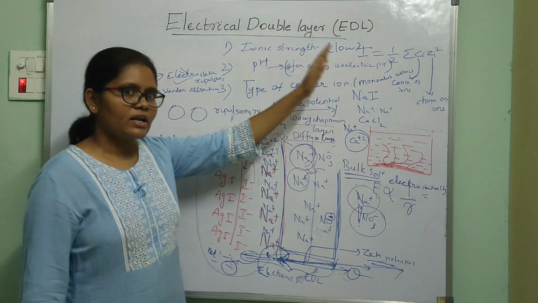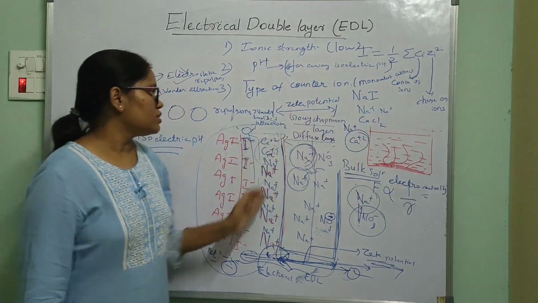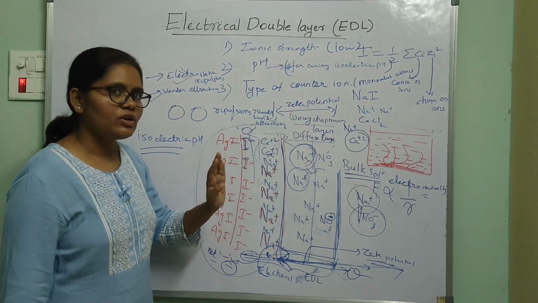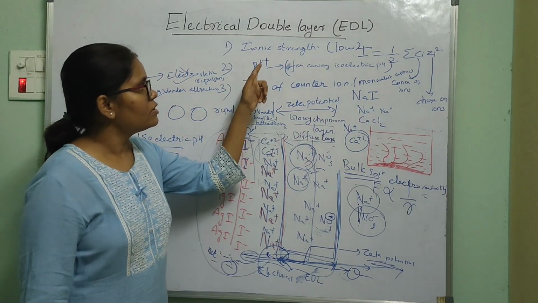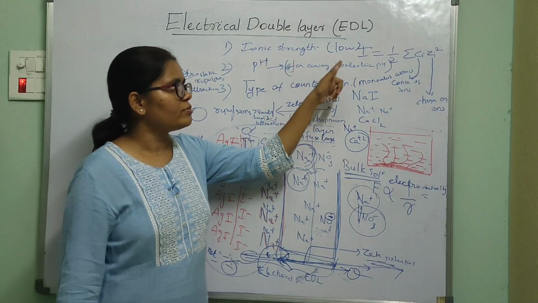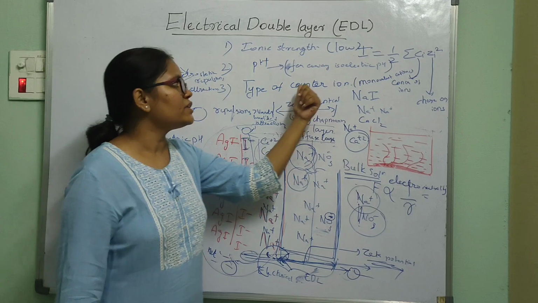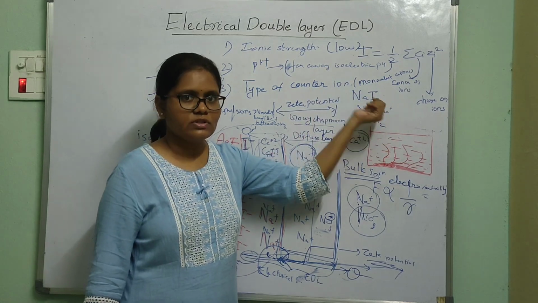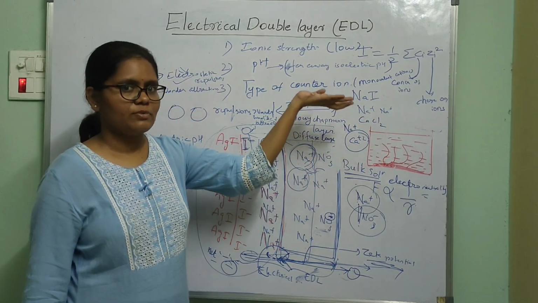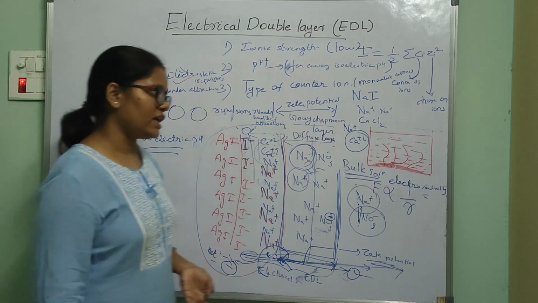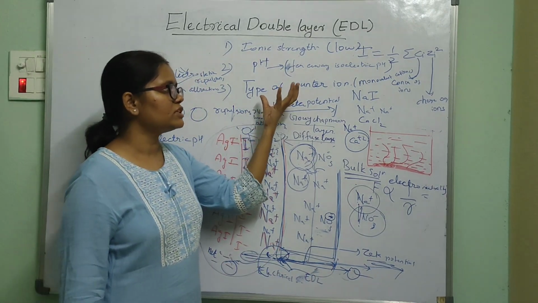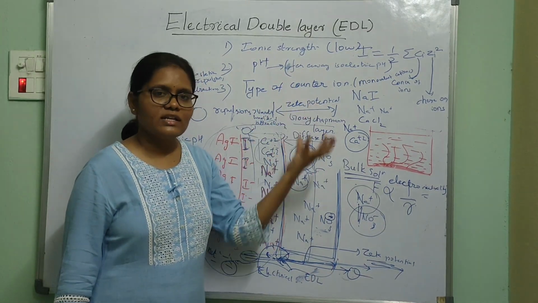If the pH is far away from the isoelectric point, the charge on the particle will not be neutralized. Therefore, a pH far away from the isoelectric point is preferred, and monovalent cations are preferred over divalent cations, or monovalent anions are preferred over divalent anions. That means the counter ion should have less charge.